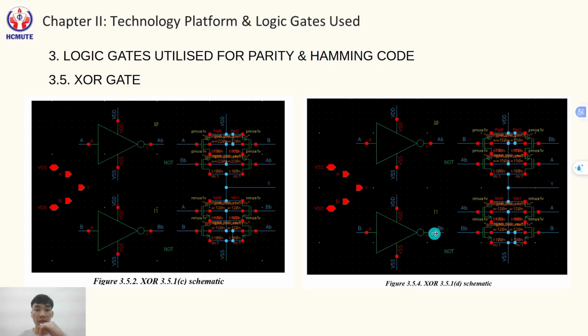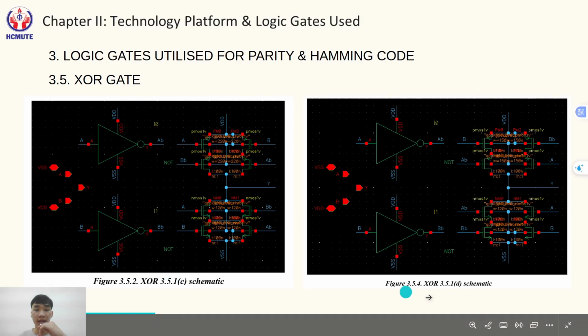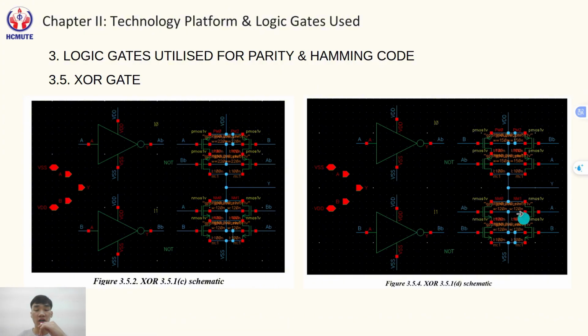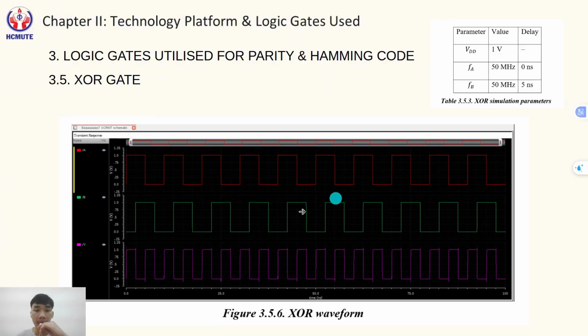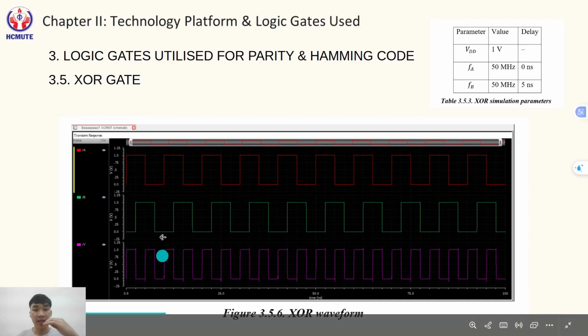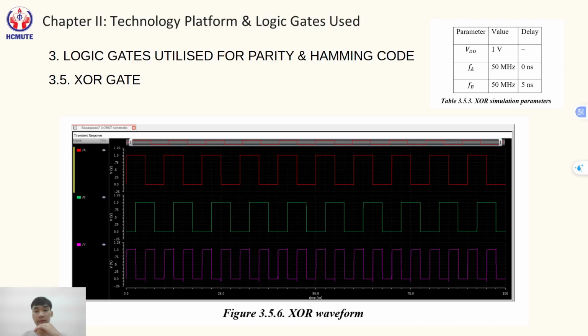The schematics of XOR gates C and D show that type D is optimal compared to type C by removing two contacts, so it reduces area and delay. And the waveform shows that the output goes high only when the two inputs are different. If the inputs are the same, the output is 0. So this is suitable for parity and Hamming encoding.